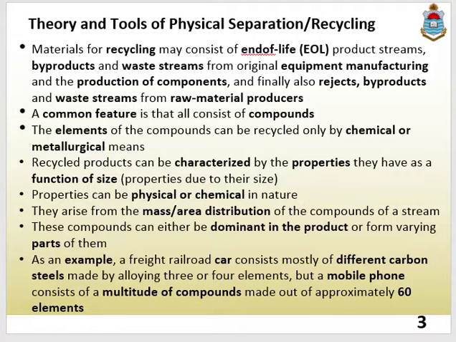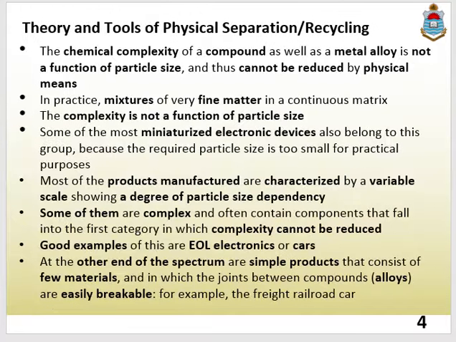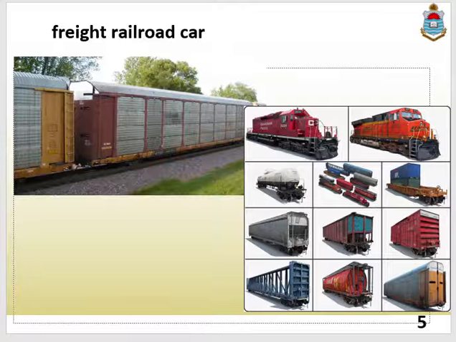So first of all, we saw that the materials for recycling are not only the end of life products, but they can be waste streams at any stage of the manufacturing process. We also discussed that the complexity of the material sometimes can be reduced by reducing their size.